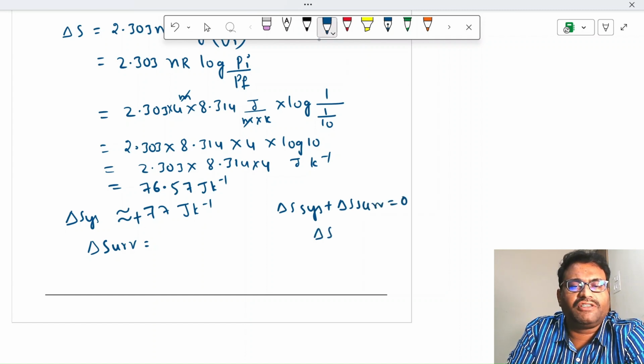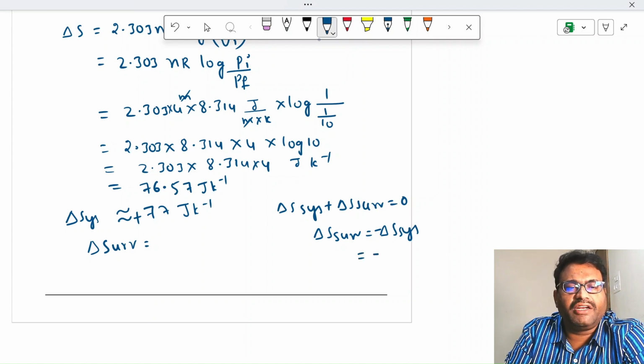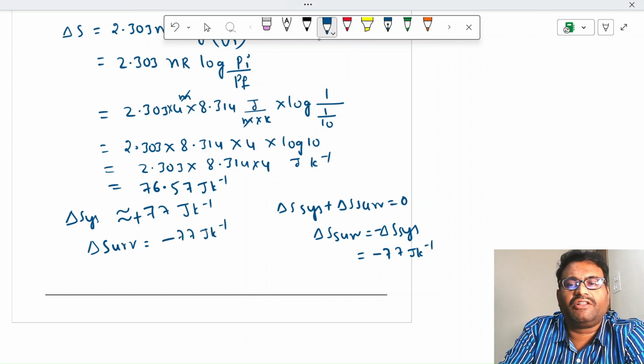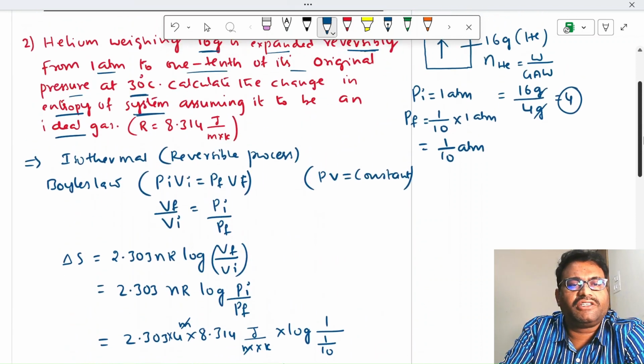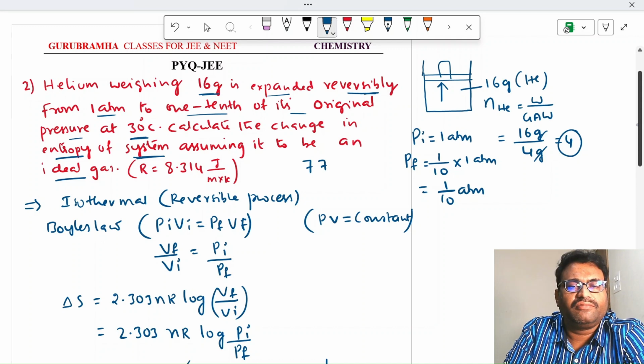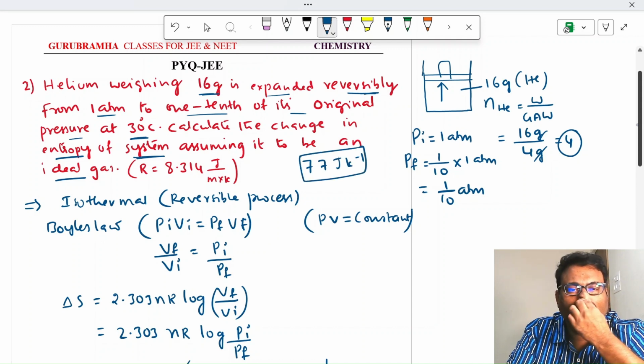So delta S of the surrounding will be equal to minus delta S of the system, then it will be equal to minus 77 joule per Kelvin. But here the question asked is only delta S of the system. Okay. So approximately, nearest integer is 77 joule per Kelvin. Okay. Answer.